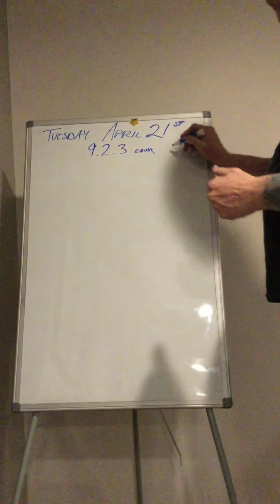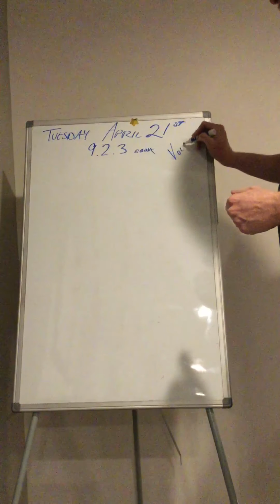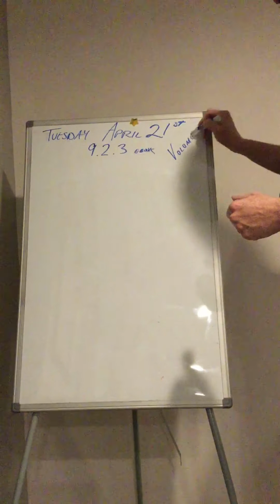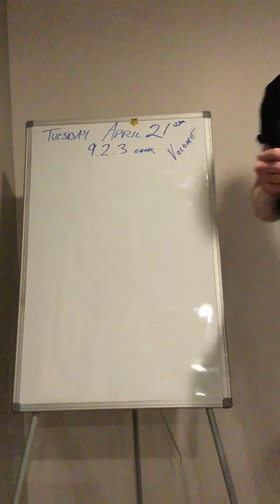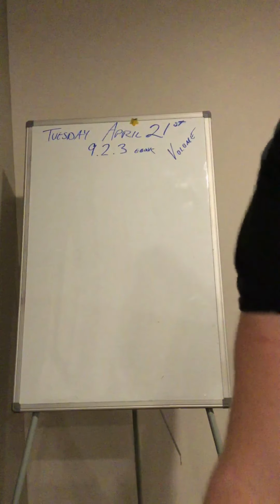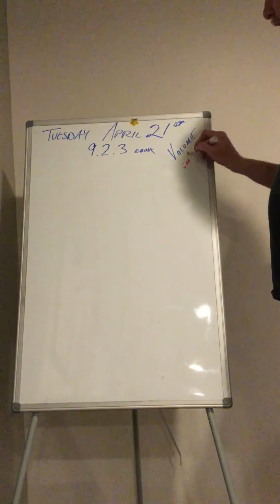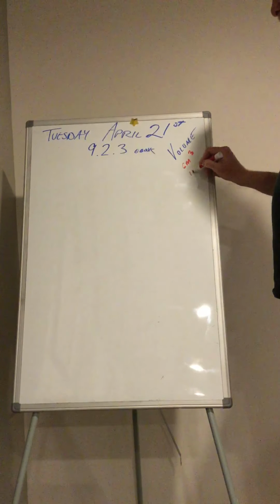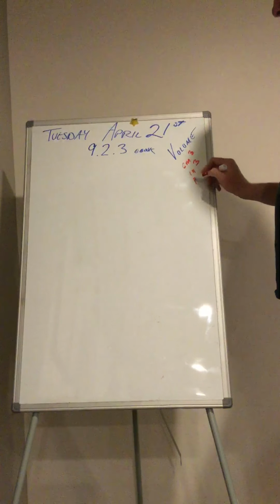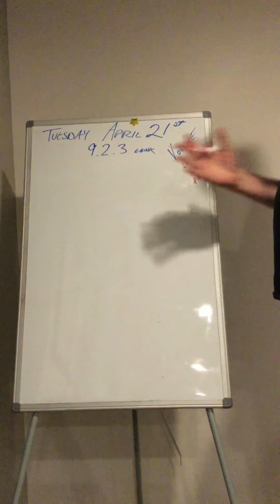And that refers to as the volume of an object, and volume of an object will always be labeled cubed, whether it's centimeters cubed, inches cubed, feet cubed, and so forth.